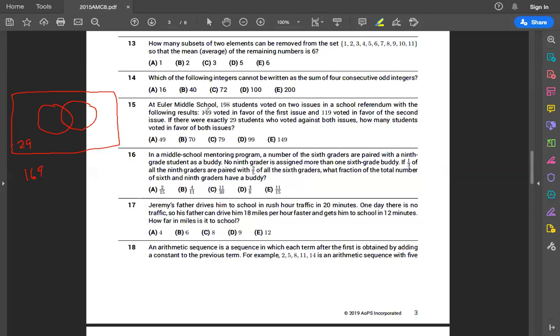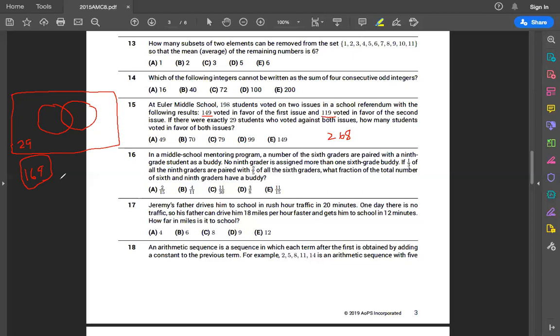Now if we add up the 2 numbers for the number of students that voted in favor of each issue, we would get 268. But that's obviously a lot more than the 169 students that there actually are. And that means that some students had to have voted in favor of both issues.